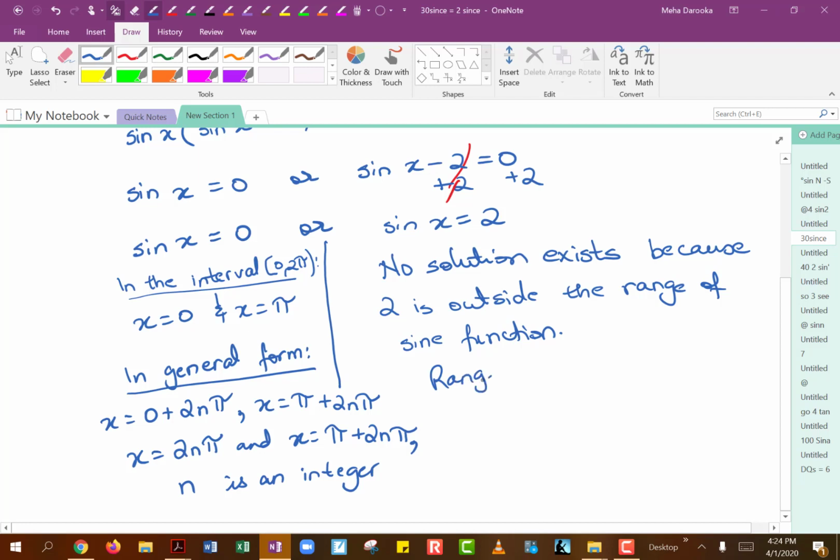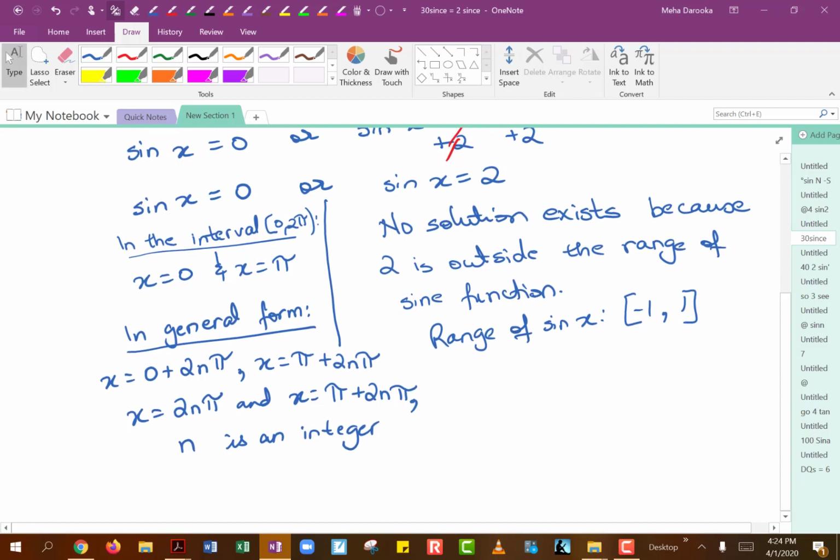The range of the sine function also goes from -1 to +1, and clearly 2 is outside of this range, so that's why you have no solution from the second factor. The only solution you get is from the first factor, and that's going to be these two answers that we came up with.